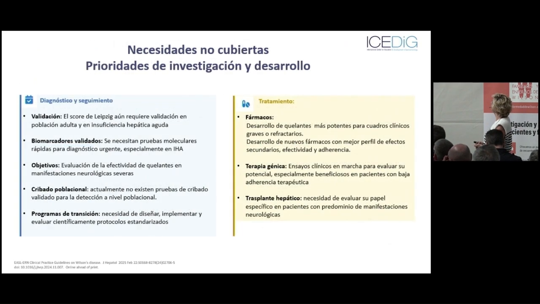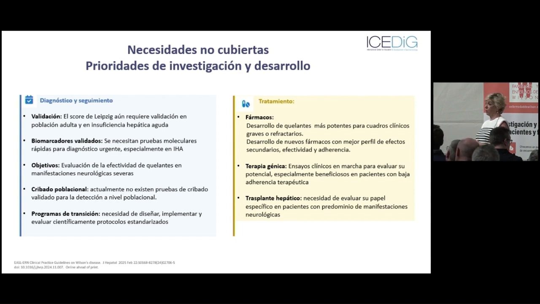pediatricians, but always coordinated. And finally, the unmet needs and the priorities for researchers: basically to validate the scores that we have right now. The Leipzig score has been validated only in children. Having validated biomarkers, and rapid molecular tests are needed, especially if life is at risk.